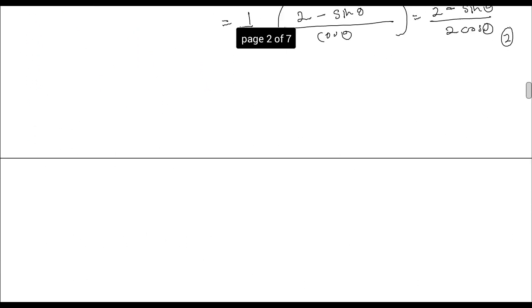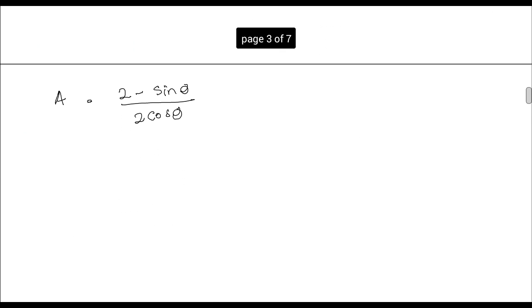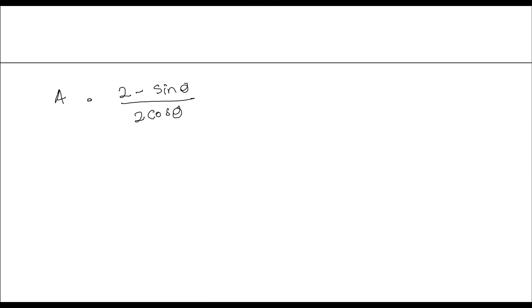New page. Let me write it down again. A equals (2 minus sine theta) over (2 cos theta). If I have to differentiate this, I need A dash, differentiating A in terms of theta, because you can't differentiate with respect to x as there's no x in it.